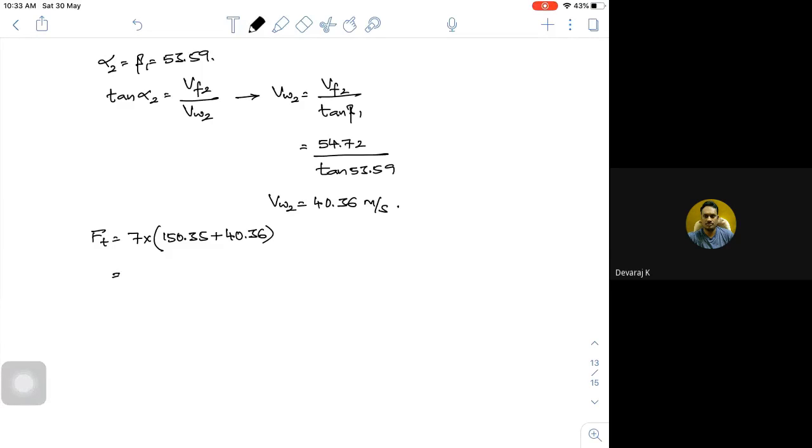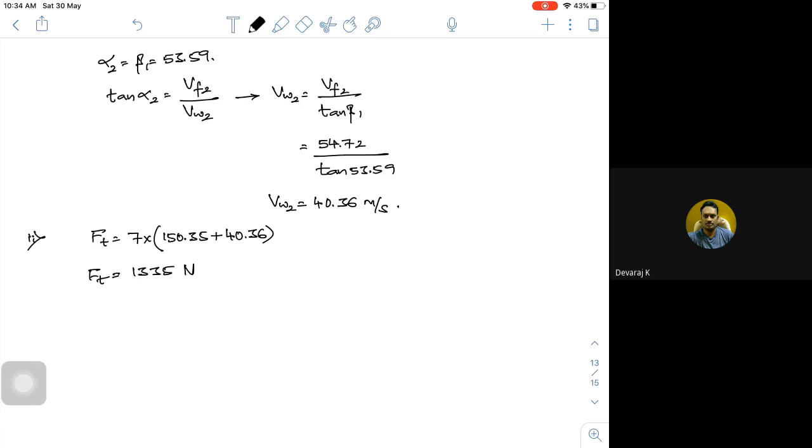So 150.35 plus 40.36, into 7, is around 1335 newtons, or 1.33 kilonewtons.